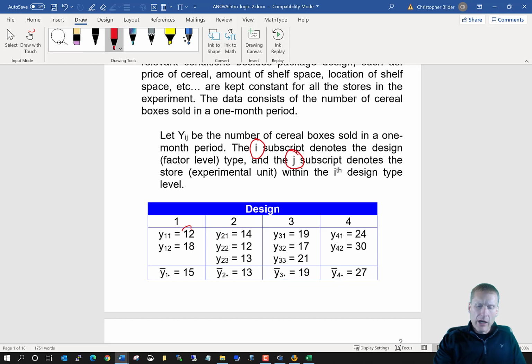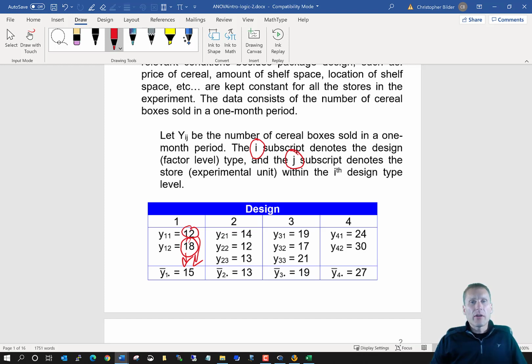Going to look at every single observation we have, and we're going to compare it to its corresponding mean for that factor level, or in this case, the cereal box design type. So it's going to compare 12 to 15. It's going to compare 18 to 15 to see how much variability there is.